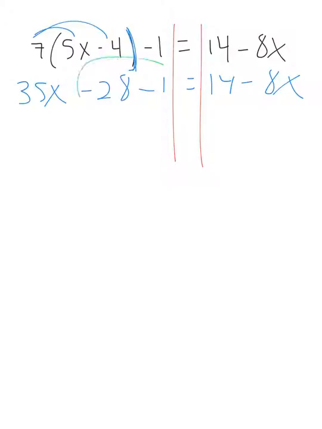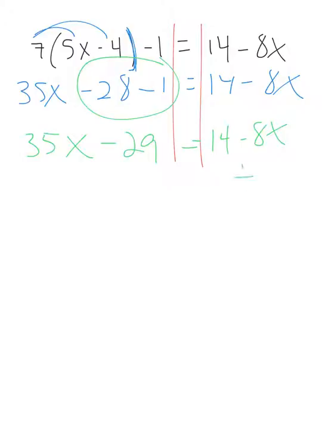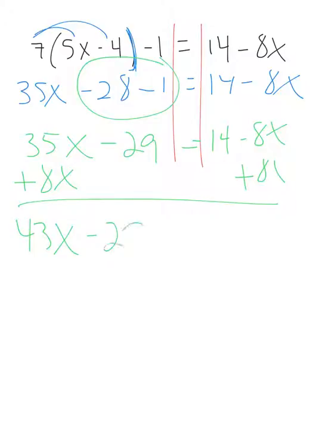Now I'm going to combine 35x minus 29 equals 14 minus 8x. And then I am going to add 8x to both sides. And then add 29.